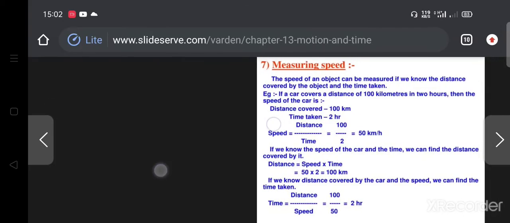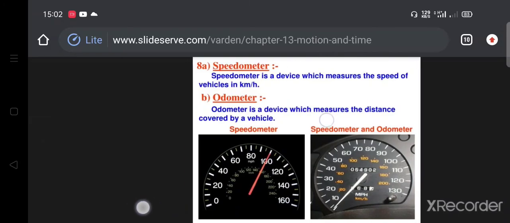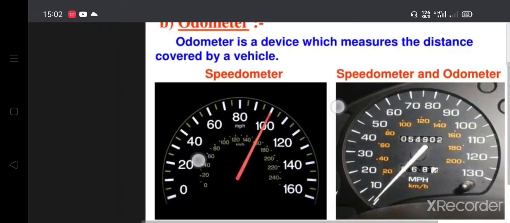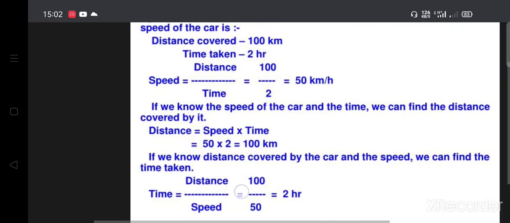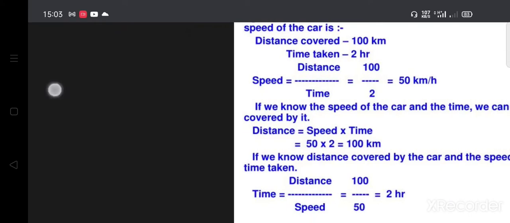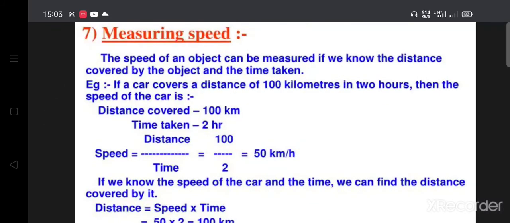Children, I hope you remember we have already learnt about the content of speed, measuring speed. What we have learnt is that the speed of an object can be measured if we know the distance covered by the object. Here is the formula. Speed is equal to distance upon time.